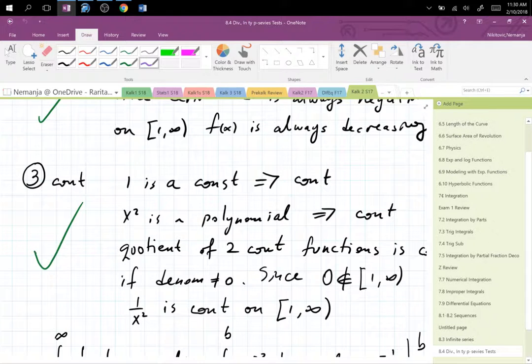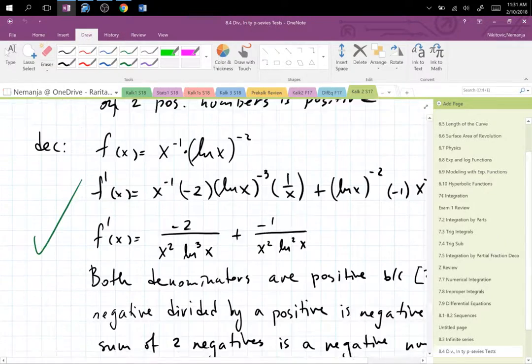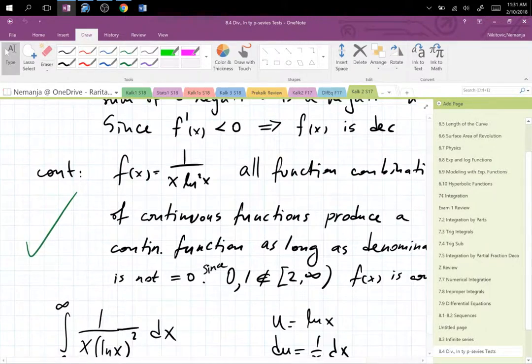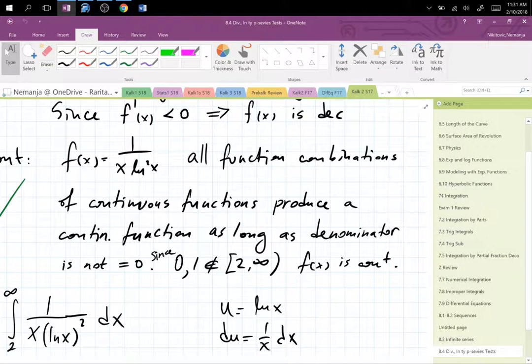Again, this is me jumping into Calc 2. We're going to do some of these in Calc 1 as well, but the easiest way for me is to just jump into Calc 2. Look at the beautiful function: 1 divided by x ln squared x. Not a problem. 1 continuous, x continuous, ln x continuous.